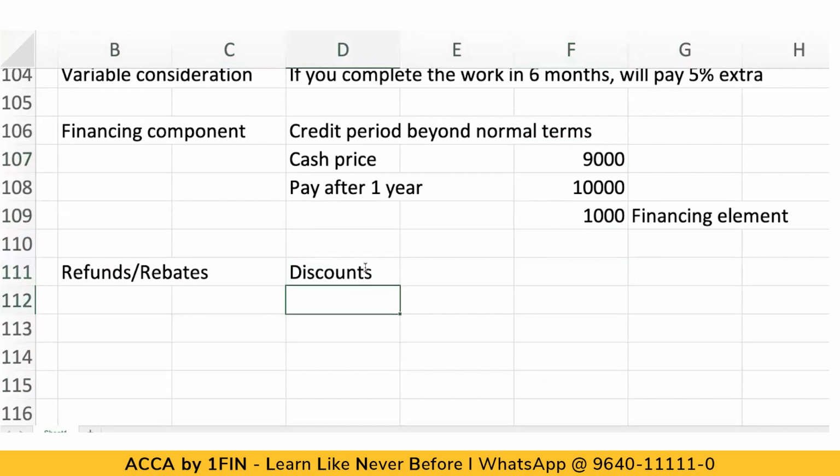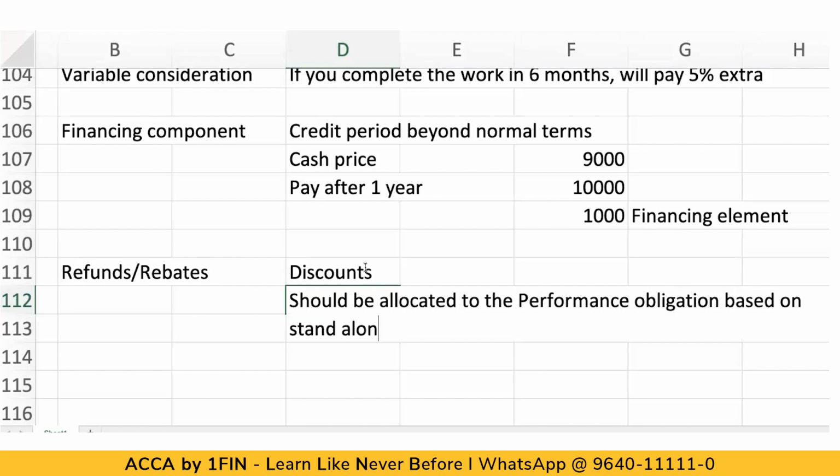Okay. Now sometimes discounts may be payable to the customer, or refunds may be given to the customer. Discounts also should be allocated to the performance obligations based on their standalone prices. Based on the standalone prices, you have to allocate the discounts given to the customer.